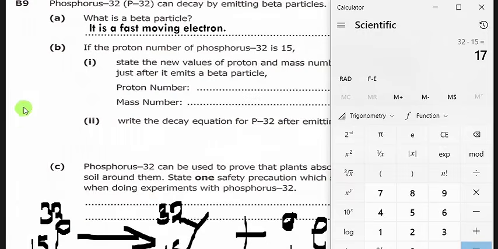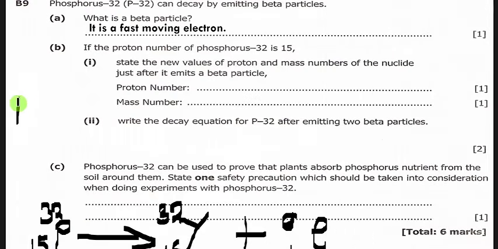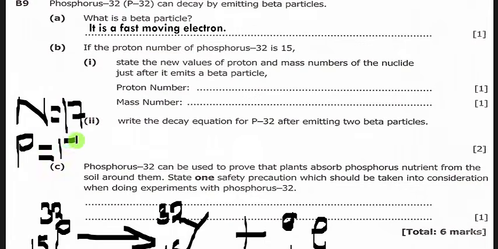So the number of neutrons is 17 and the number of protons is 15. So 15 plus 17 gives you this mass number. Now one neutron here breaks.